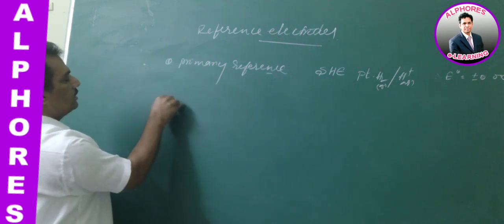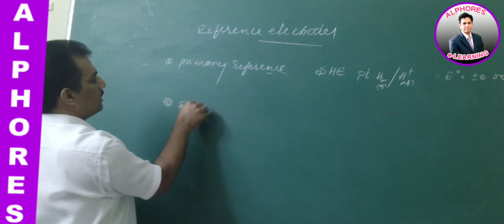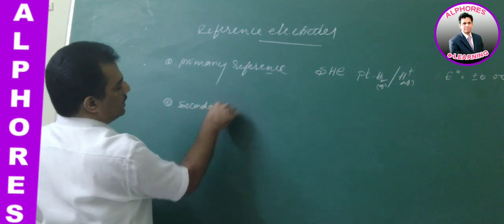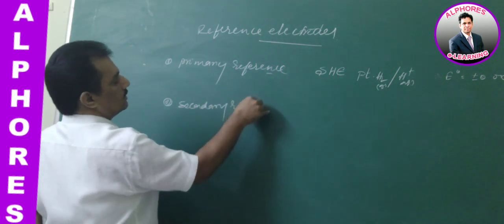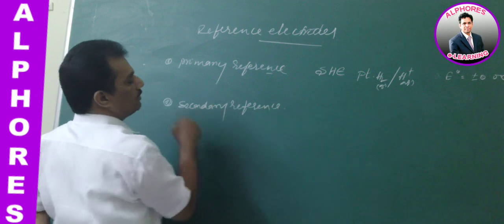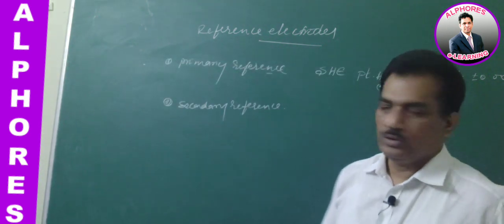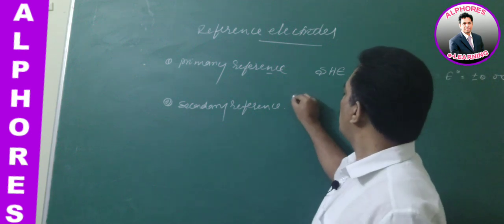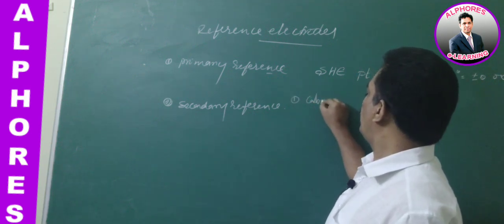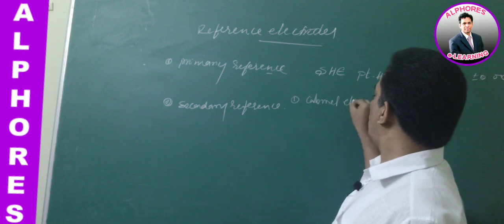And the next one is the secondary reference electrode. Here we have two different secondary reference electrodes most frequently used. One is the calomel electrode.